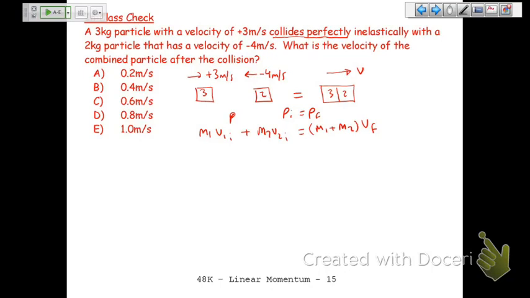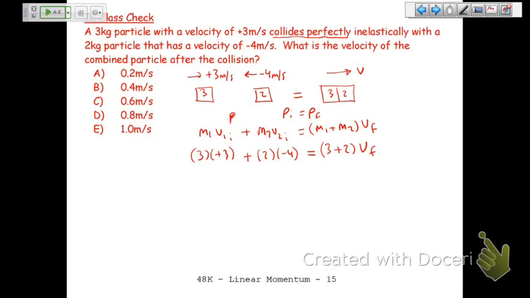So I say, okay, that's going to be 3 times plus 3 added to 2 times minus 4 is equal to, and I put down 3 plus 2 because I want to be able to double check and say, yeah, I did add them together. I didn't multiply them, which people sometimes do. I did add them together, and it's times V final.